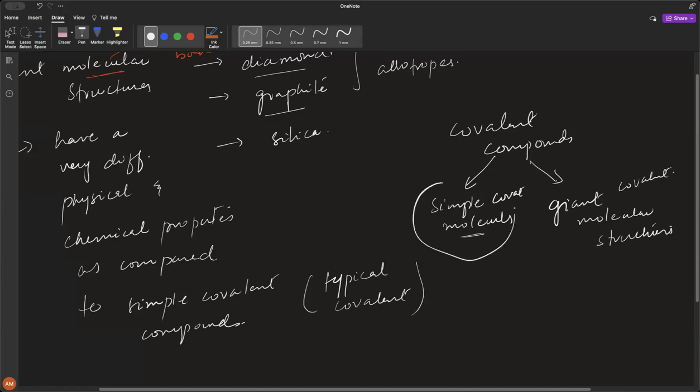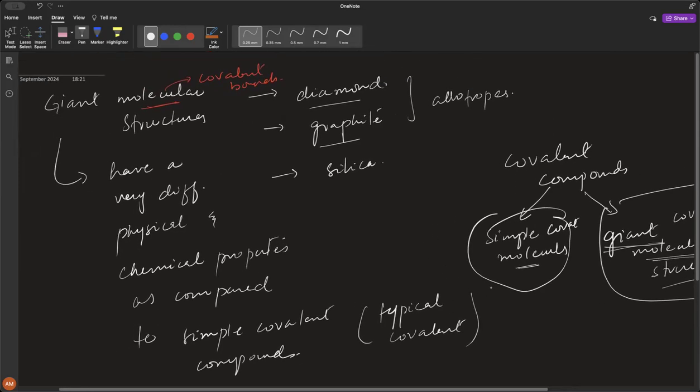We have already studied simple covalent molecules. We discussed their characteristics, their properties, how dot and crosses are formed, and how the intermolecular forces exist between them. Now we are going to be discussing the giant covalent molecular structures, giant covalent molecules, or giant molecular structures.